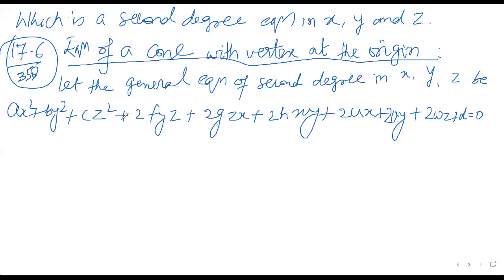Suppose it is the general equation of second degree which represents a cone. इसे नंबर 1 डाल देता हूं, which represents a cone. तो यहाँ से I will derive what will be the equation when your vertex is origin.